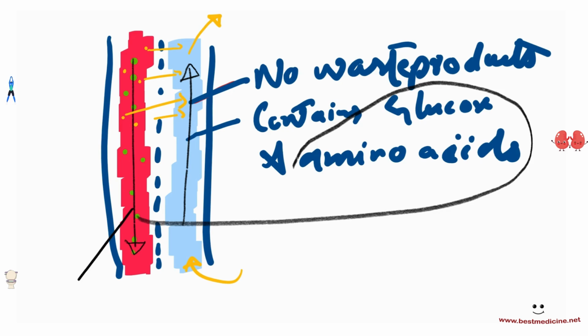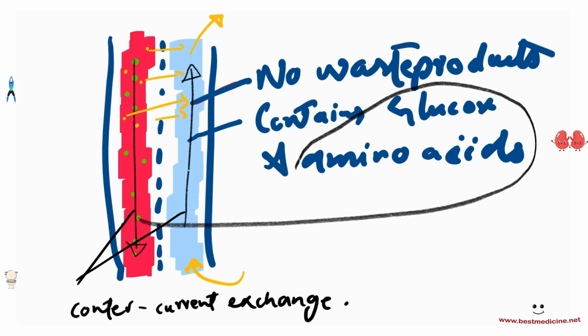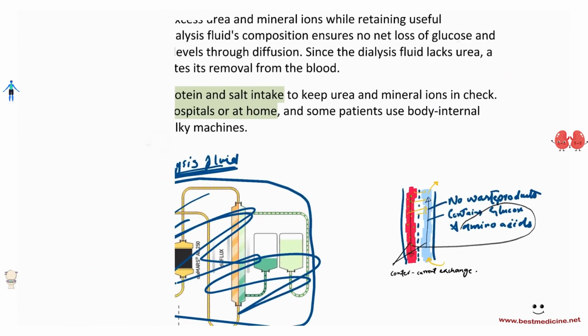Okay, so moving in opposite directions is called counter current, obviously, as the name suggests, exchange, which increases the rate of exchange. Now, I have listed all of these features down in your neat notes, so let's have a read of them.